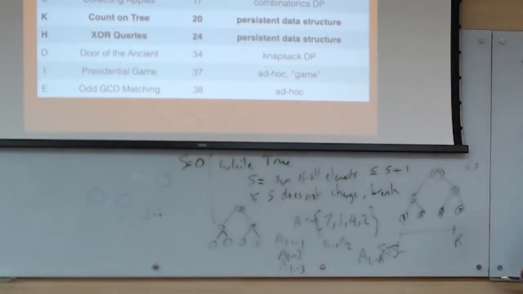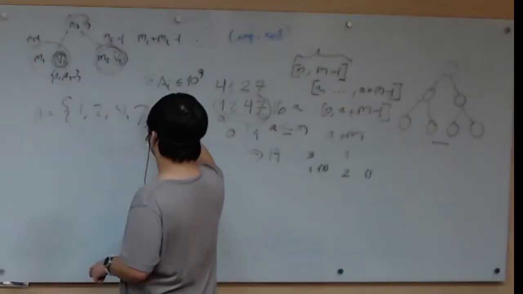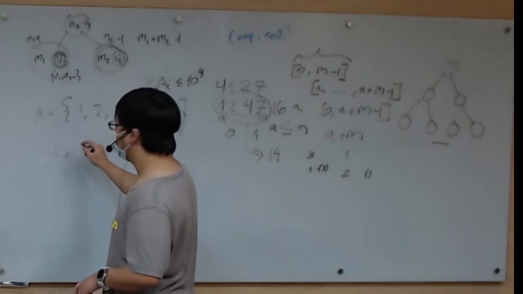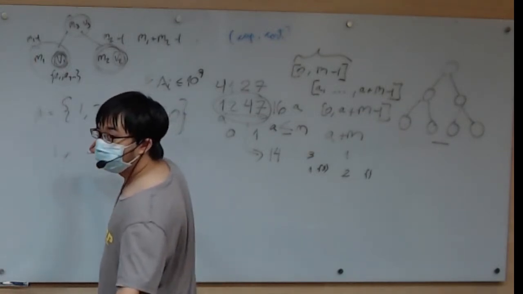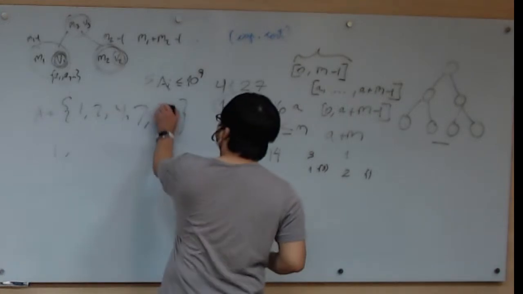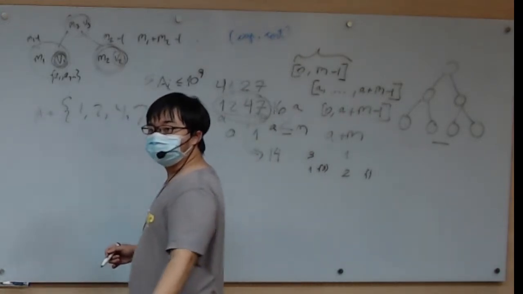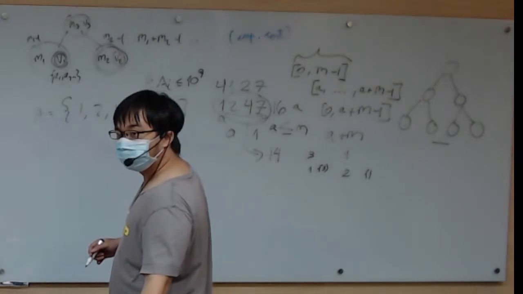Okay, so let's say A is 1, 2, 4, 7, 30. Let's say this is already sorted. I mean, you use the value as the index. The numbers go up to 10 to the 9. Well, you can use coordinate compression.